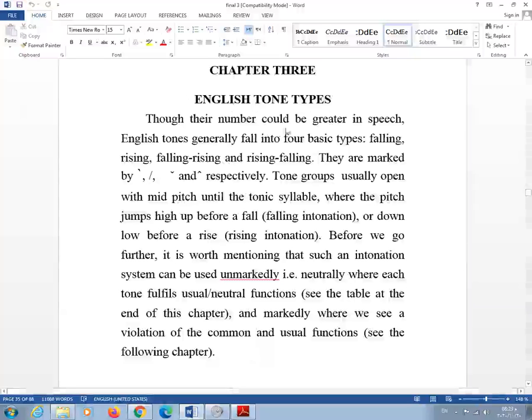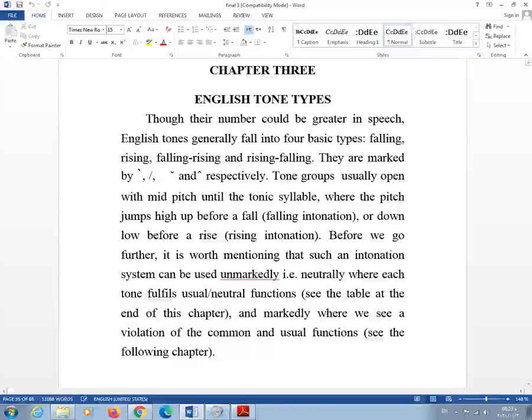Tone types. In the previous lectures, we talked about intonation, the function of intonation, and pitch range. In the second lecture specifically, we talked about the pyramid, how to chunk our speech into tone units, and what the different components of tone units are.